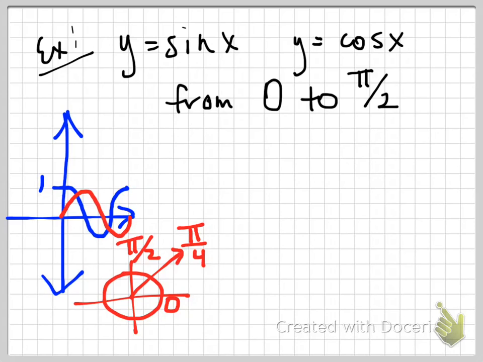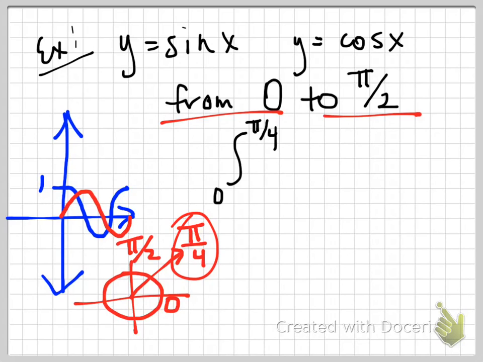So since I have 3 values, I have to make 2 integrals. So I'm going to do an integral that goes from 0 to pi over 4, because sine and cosine intersect at pi over 4, which on your graph over here, there's your intersection.